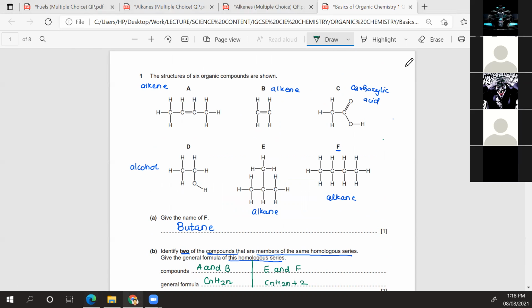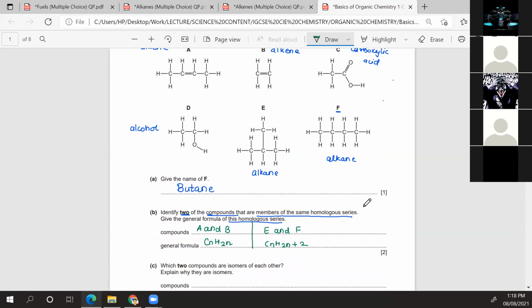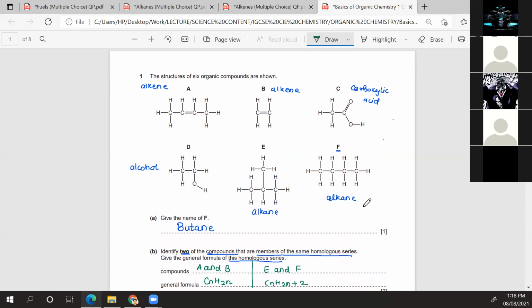Akbar, you said the isomers are from A, B, C, D, E, F. Tell me which 2 compounds are isomers.